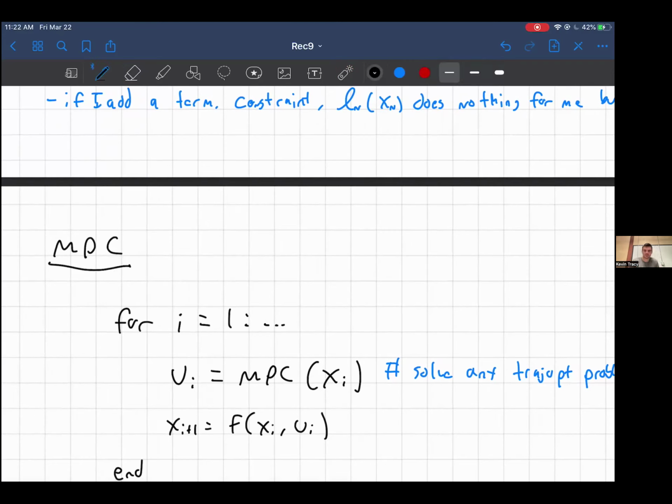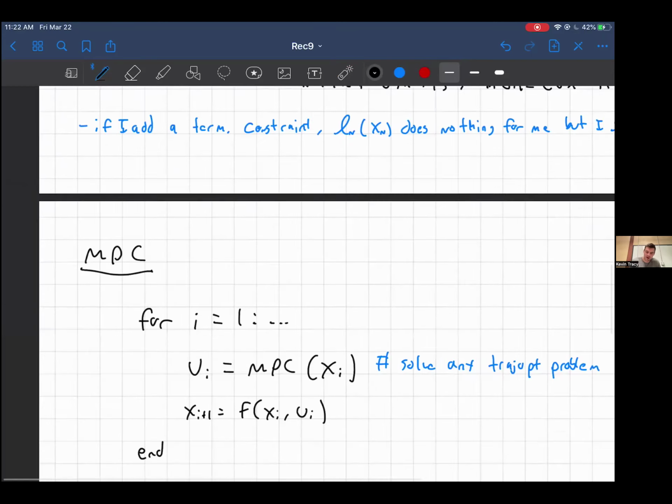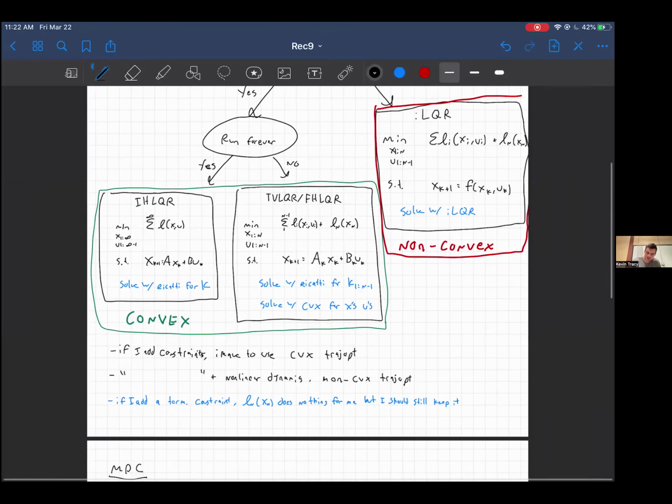So can we throw in a non-convex optimizer inside an MPC? Yeah, there are people who do. What's most common is to use something like an ILQR based thing. Remember, ILQR is non-convex. People use ILQR for MPC. They will solve ILQR problems at every single time step and keep solving.